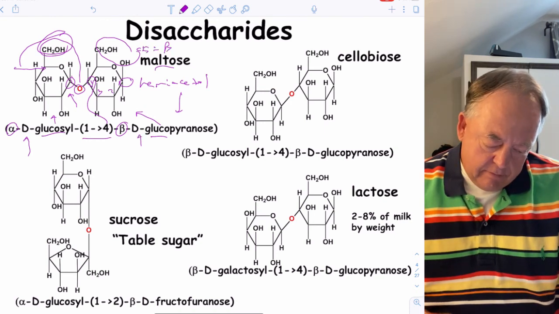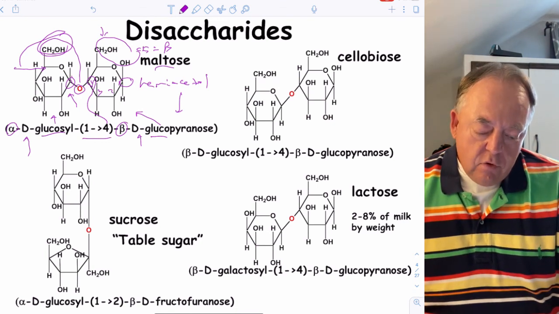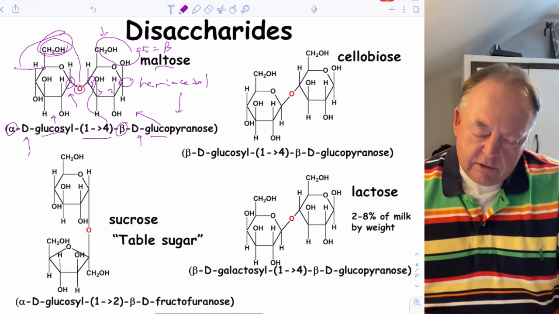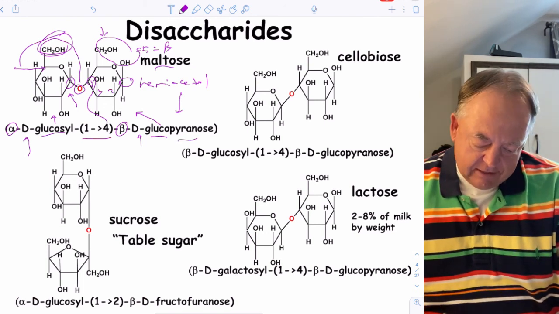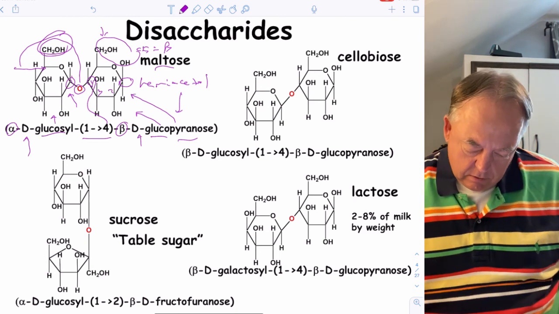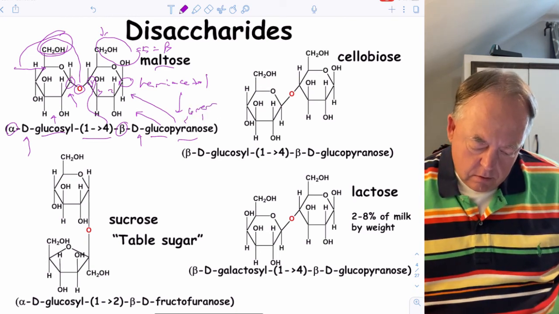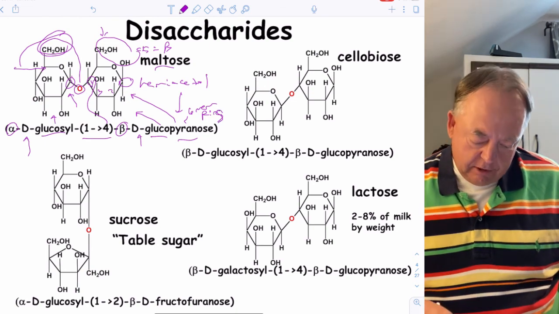And D, again, because the CH2OH is drawn up in the Haworth projection. And pyranose, because this is a 6-member ring, as opposed to the furanose, which would have been a 5-member ring.